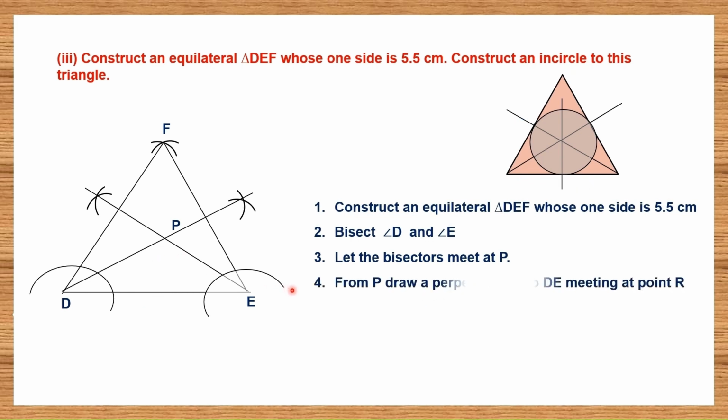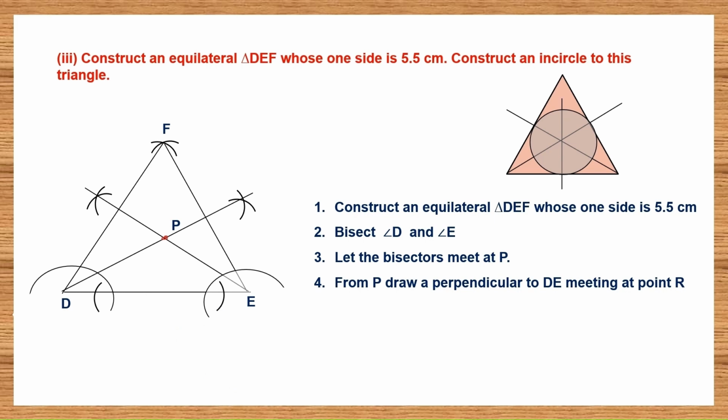The next step, from P, draw a perpendicular to DE. So from the point P, we are going to draw a perpendicular to line DE. How do we do it? Again, place your compass needle here, draw two arcs on DE. We have the first arc, we have the second arc.